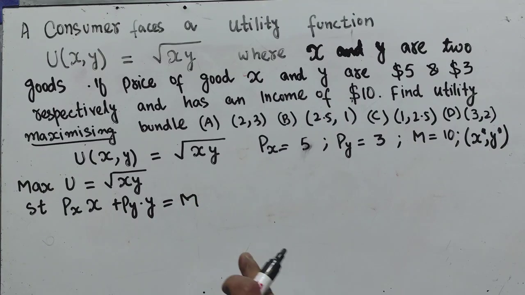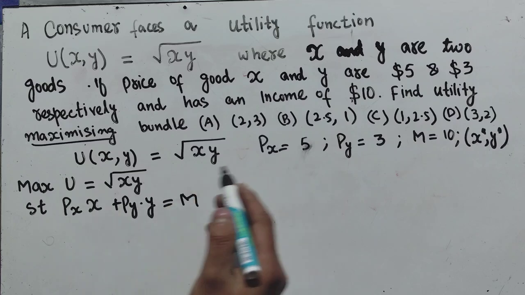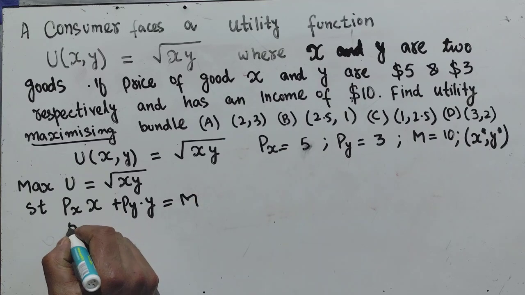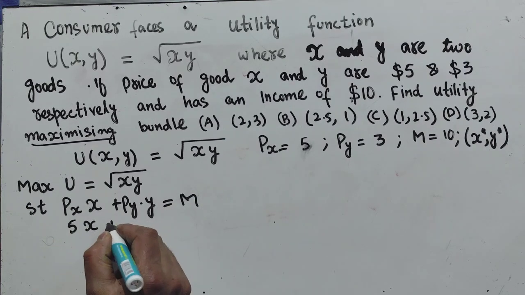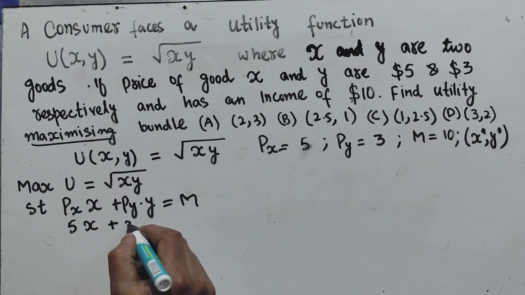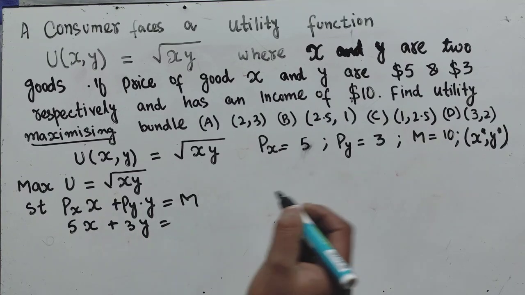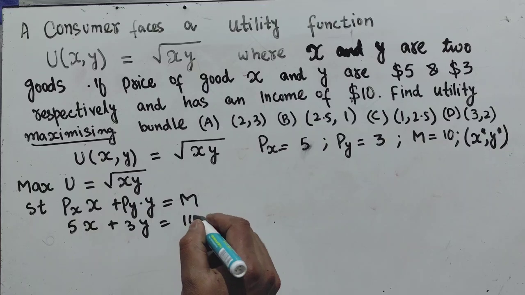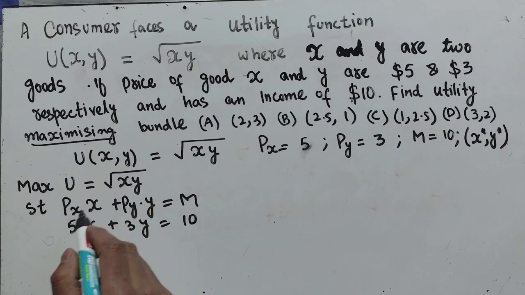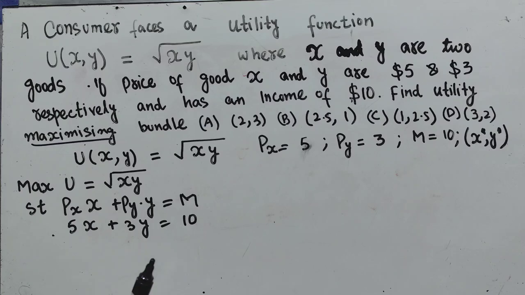Specifically, the price of x is 5, so we can write 5 times x plus 3 times y equal to 10. So with the given budget constraint, the consumer wants to achieve the highest satisfaction.